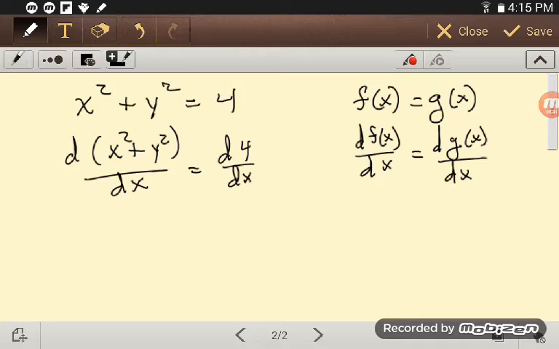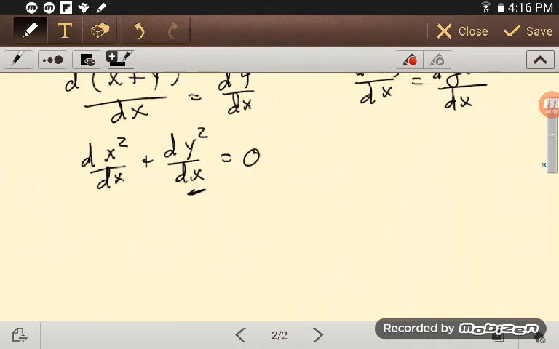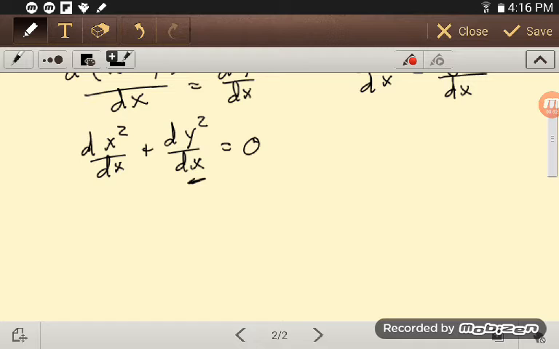Well, on the left side, this first one, I have the derivative of x squared dx plus the derivative of y squared dx. That's the important part there, is the x. And equals, now the derivative of 4 with respect to x, 4 is a constant, so I get 0. And so here, derivative of x squared is just 2x plus, but now here I have to use the chain rule.